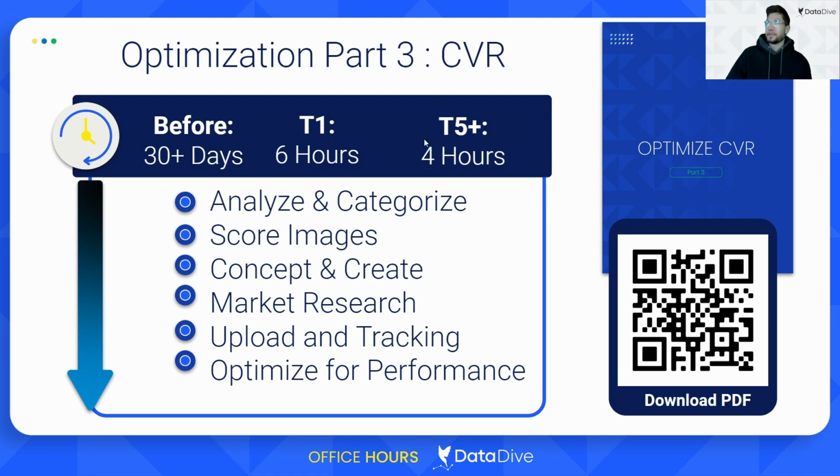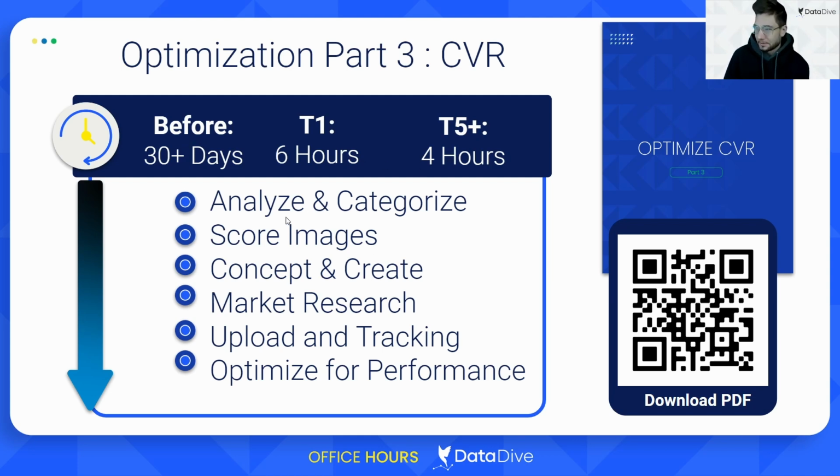But once you've done this 5+ times, I think you're going to be able to knock this out in about 4 hours. So if you compare this to some of the other workflows inside Data Dive that are taking like 15 to 30 minutes, this is much longer than that. But compared to how long people are typically spending to just execute on this, it's much faster.